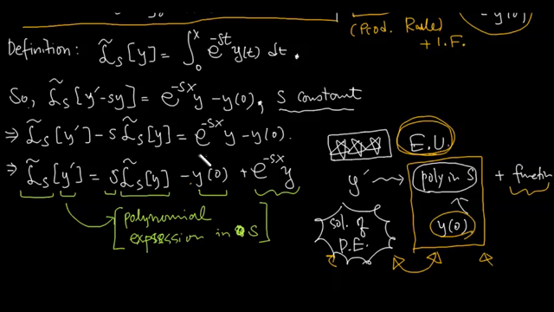This polynomial algebra in S, with this initial value involved, is again sufficient to deal with all the solutions of the differential equation. So that's a motivation. He's going to do one more operation to this whole thing so that this one disappears.